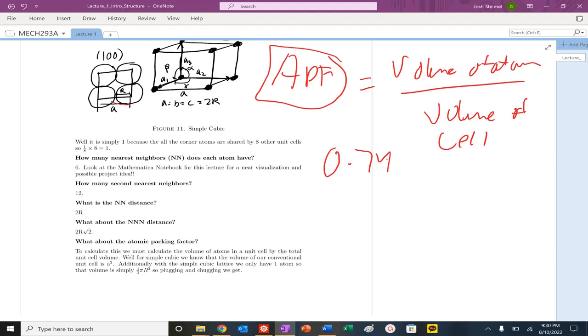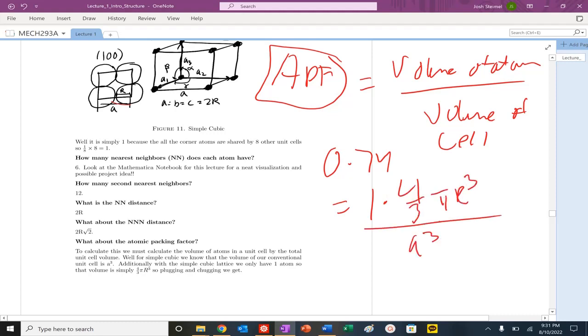So the volume of an atom. For a simple cubic, how many atoms do I have? I have 1 atom. What's my volume of the atom? 4/3 pi r cubed. What's the volume of my cell? a cubed, and I know a is equal to 2r. So let's call a of simple cubic equal to 2 times r.